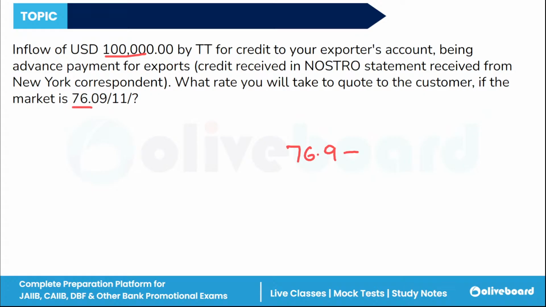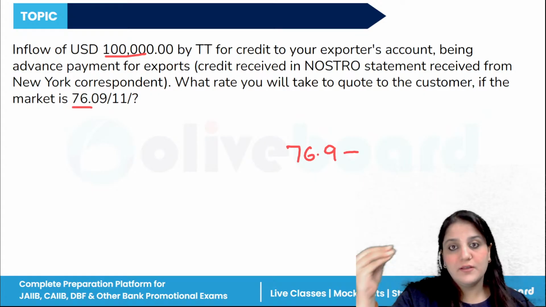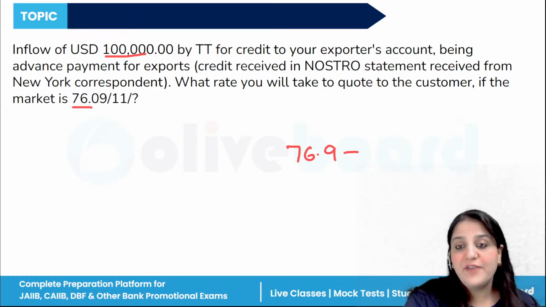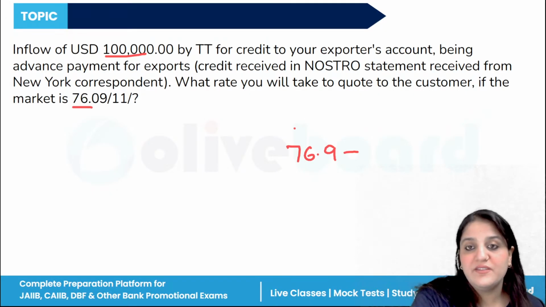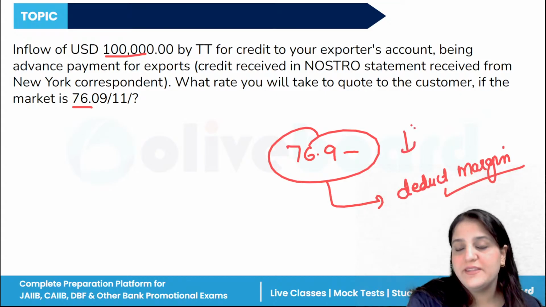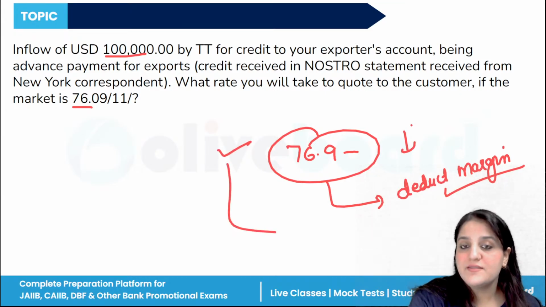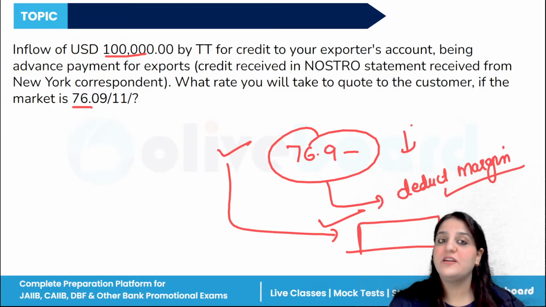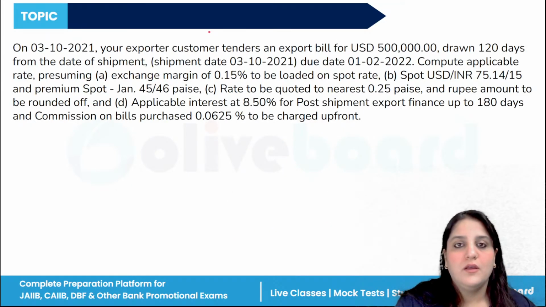Okay, so here the margin is not given, but the question is saying that we will take this rate 76.09, and whenever we apply this rate, we have to deduct the margin, whatever margin is applicable in that case. So the answer that will come, we have to take after deducting the margin. One more question is there.